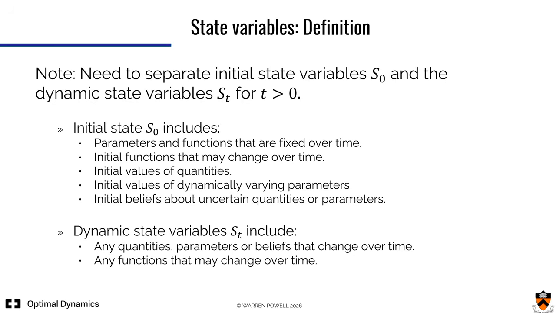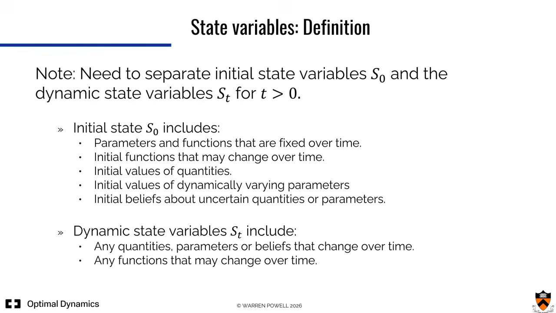Now, state variables, let's divide it between S_0. The initial state includes parameters and functions that are fixed over time, initial functions that may change over time, initial values of quantities, like inventories, initial values of dynamically varying parameters, and initial beliefs about uncertain quantities or parameters.